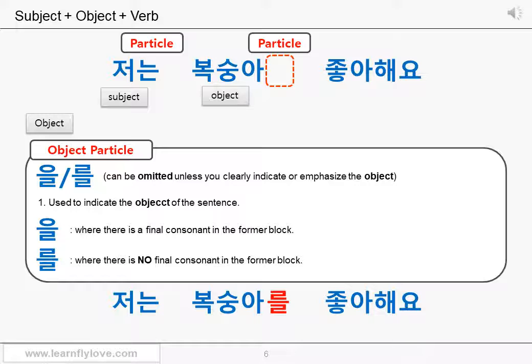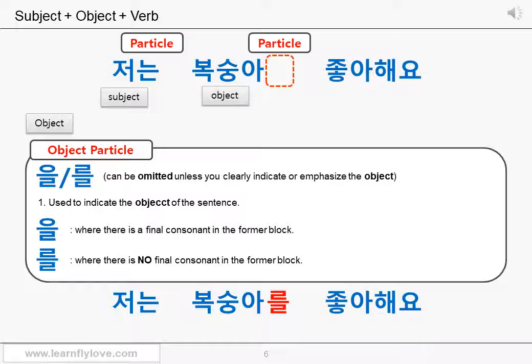One good thing about this object particle is it can be omitted or not used. Then you might wonder in which case you need to use this object particle. When you want to emphasize the object or more clearly indicate the object. For example, when you say, I like this, then you can use it. In other usual cases, it can always be omitted.